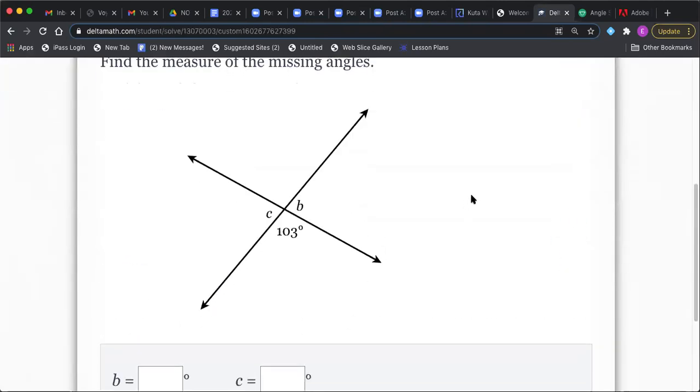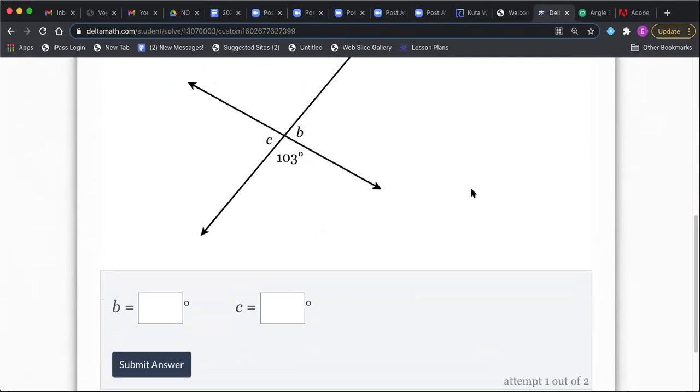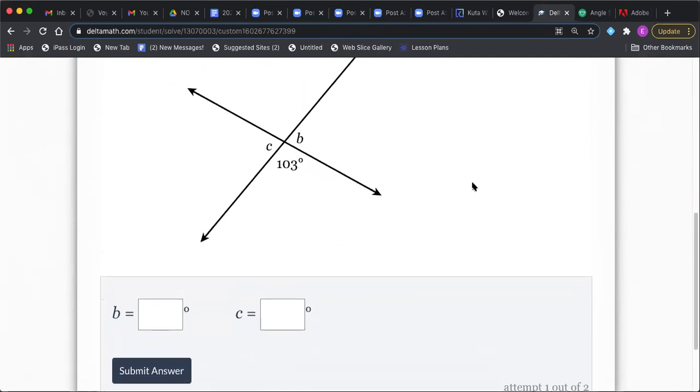So the next one is going to start incorporating some numbers here. Now, this one, I don't know what angles C and B are, but they're vertical. So guess what? Once I find one of them, I automatically get the other one for free. I don't have to do any more work. So I'm just going to have to do a bit of work to find, let's say, angle C first. But once I get it, I know that B is the same answer.